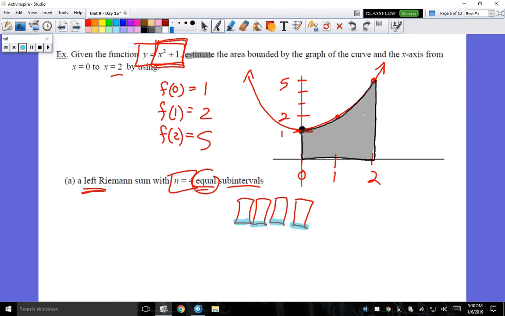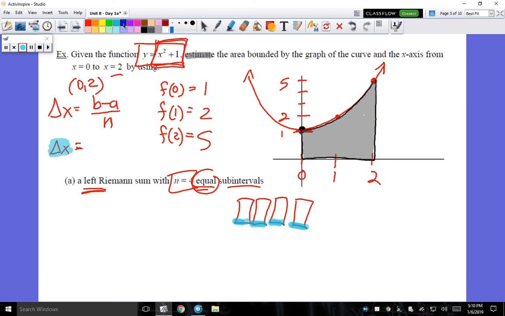Now there is an equation, delta x is equal to b minus a over however many rectangles that you're looking for. So we're going to say over n. So we could say the width of these rectangles over here that I highlighted in blue will equal, interpret this as from 0 to 2.